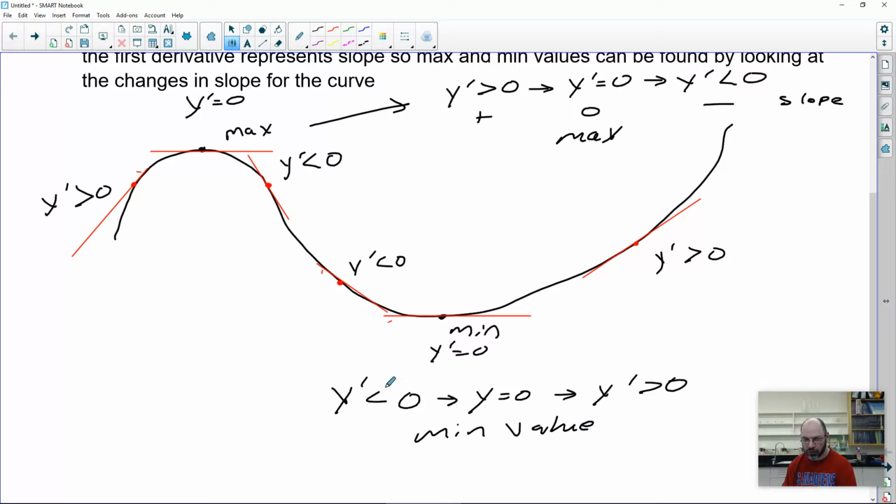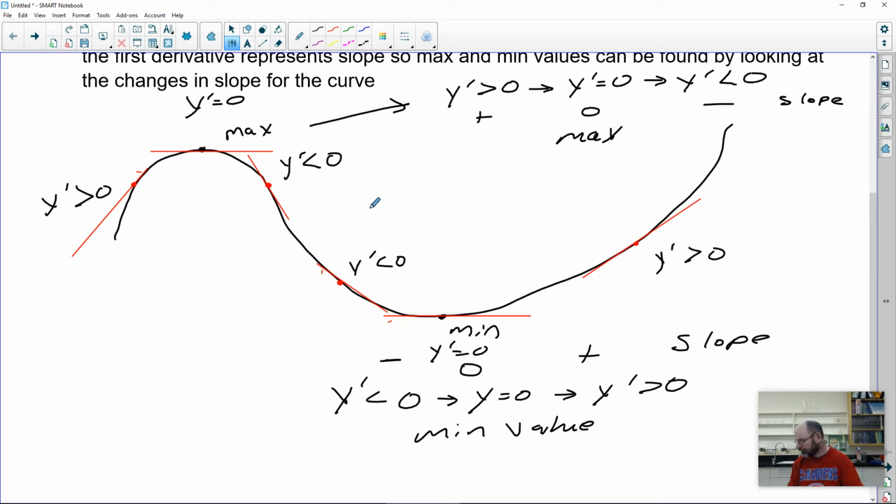So your slope goes from negative to 0 to positive slope. So if you've got plus, 0, negative, max; negative, 0, plus, minimum. Valley or hill. And that's how you can tell the difference between the two.